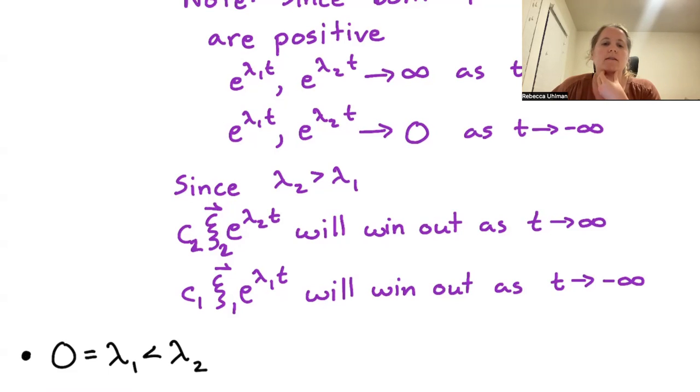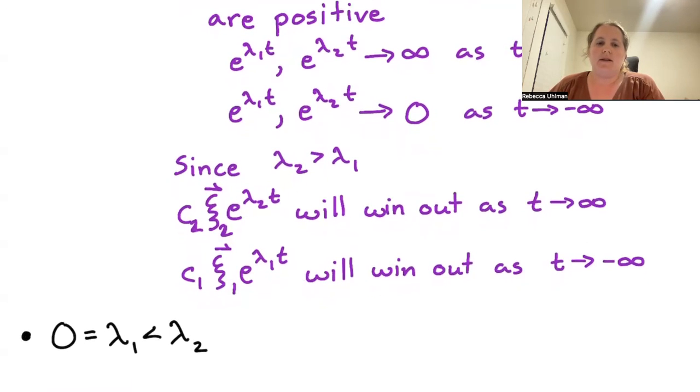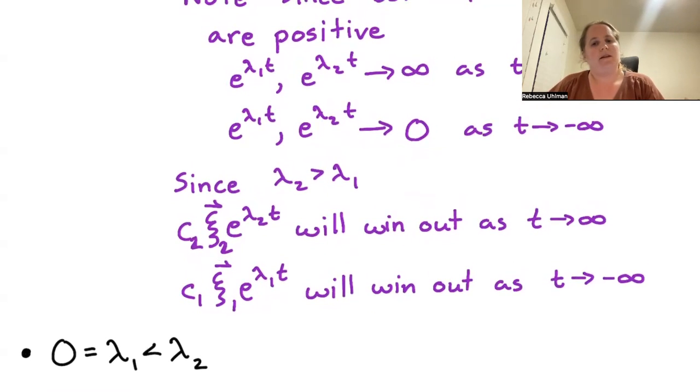The scaling of the vector will be larger, and so that vector will rule out. Similarly, e to the lambda 2t will go to 0 faster as t goes to negative infinity. So once again, the C1 psi 1 e to the lambda 1t will overpower, since it will not go to 0 quite as fast. Once again, I did not give myself enough space. Let me do that quickly.